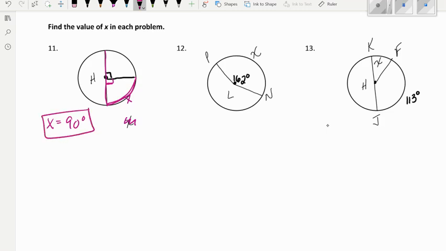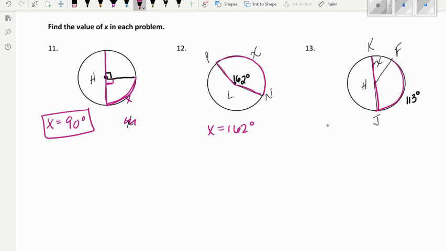For this one, if we're finding x, that means we're looking for this measure here. So again, x would be equal to 162 degrees because the arc is the same as the central angle measure. Here, if this is 113 degrees, and we see that H is the center, that means KJ, the chord that goes through H, is a diameter.